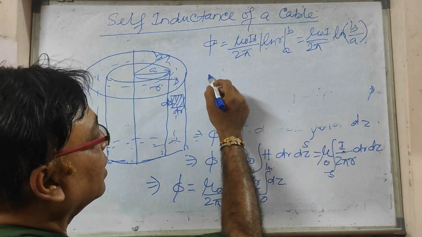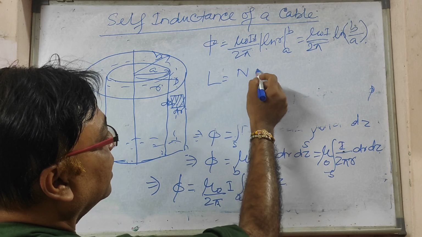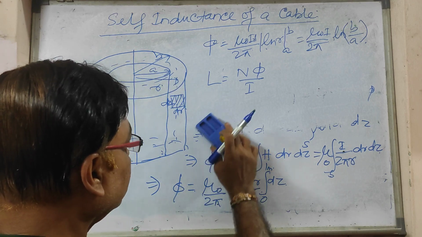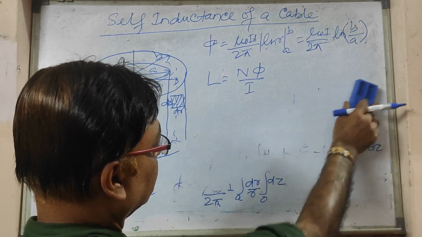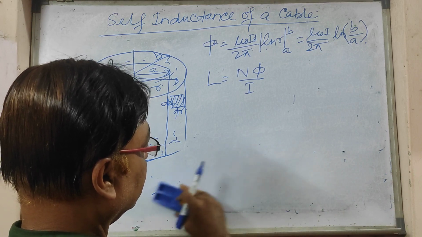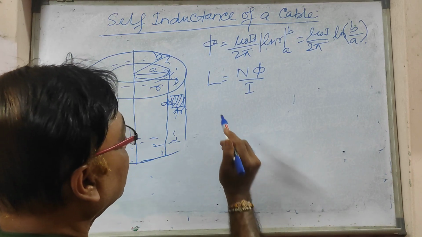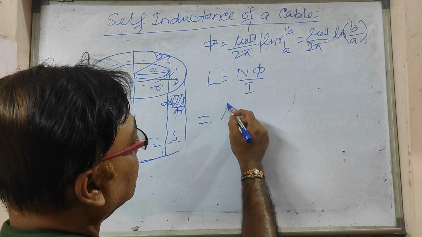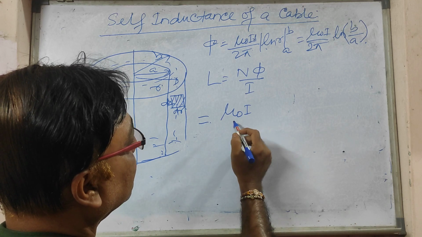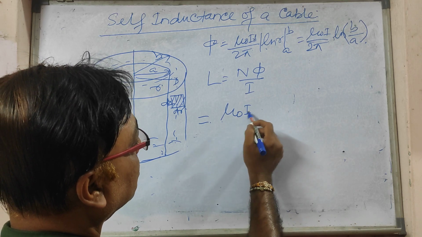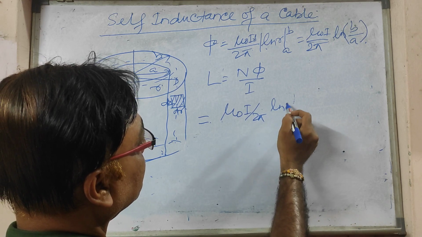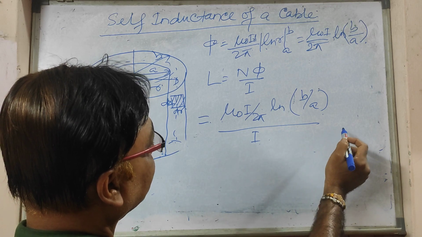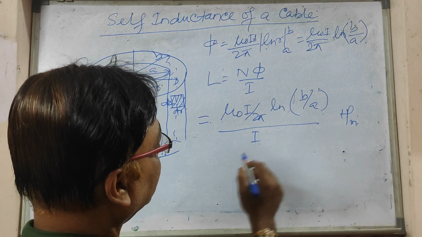Now we know that the self inductance is given by N phi by I. Suppose we take one turn, so it will be mu 0 I by 2 pi ln b by a divided by I. So I gets cancelled and it will be in Henry per meter.